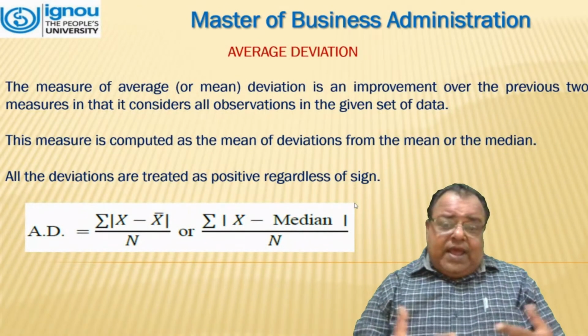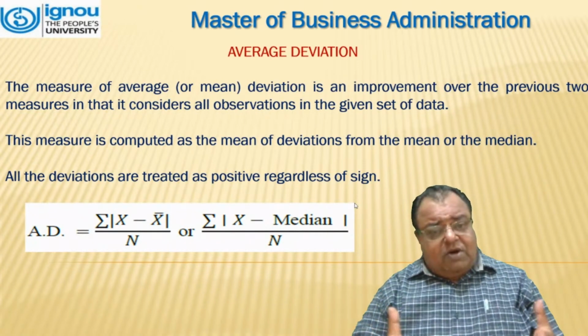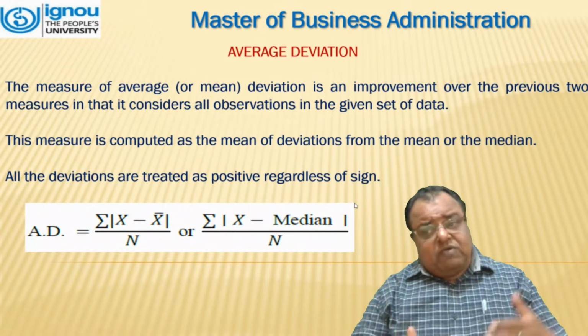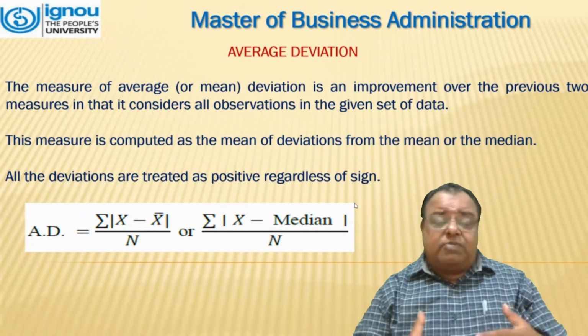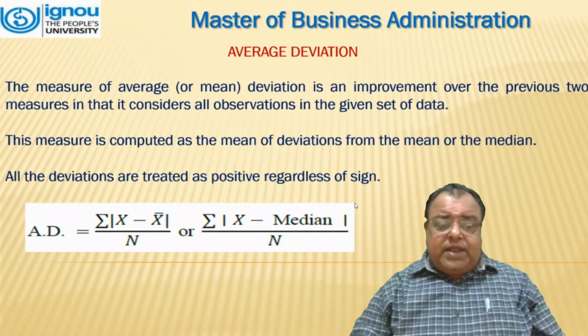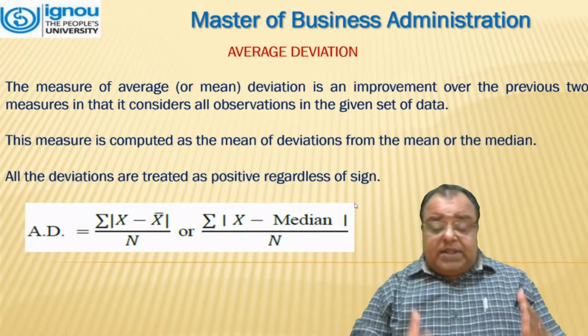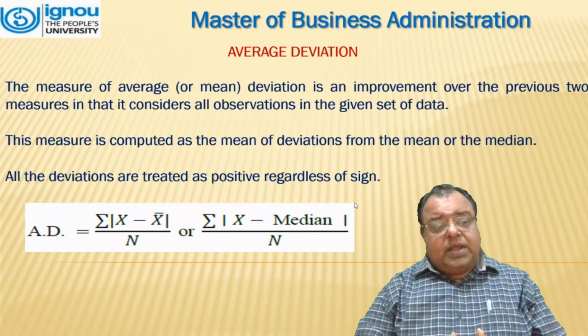Then comes average deviation. The average or mean deviation is an improvement over the previous two measures in that it considers all observations of the given set of data. This measure is computed as the mean of deviations from the mean or the median.